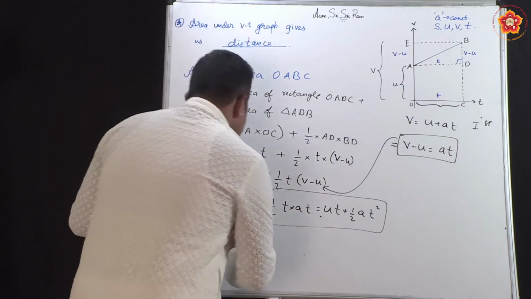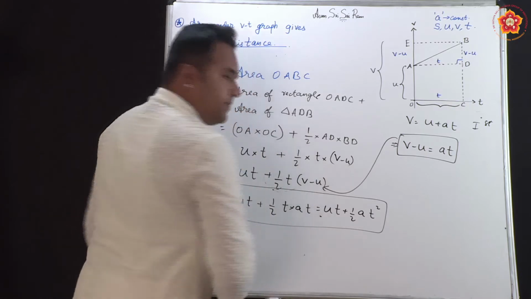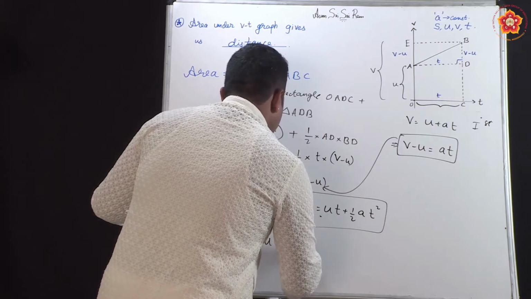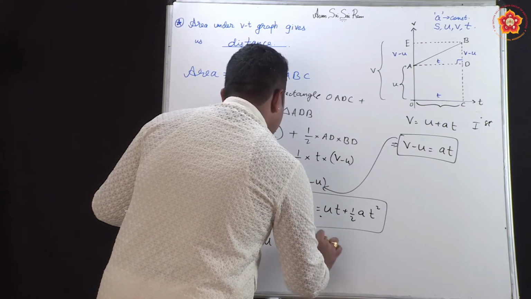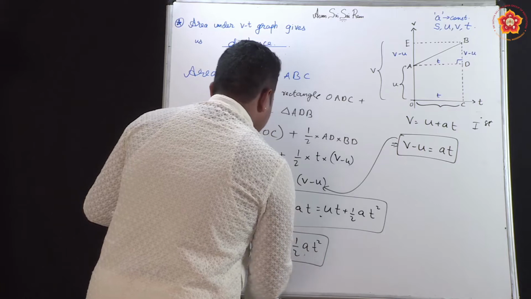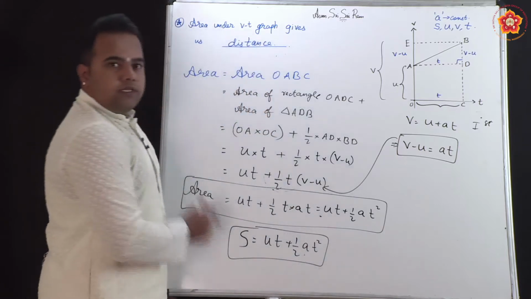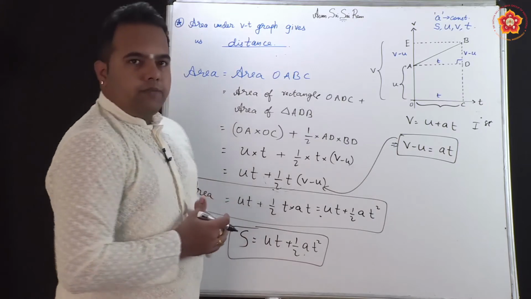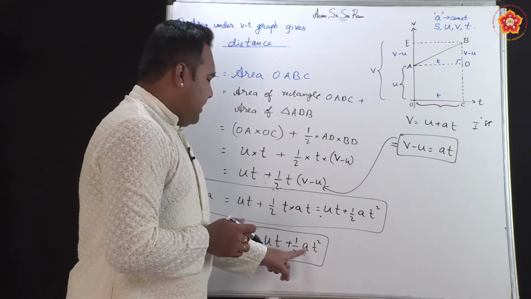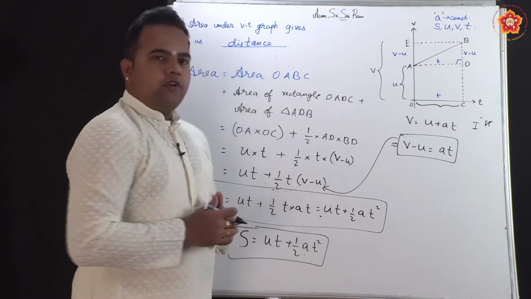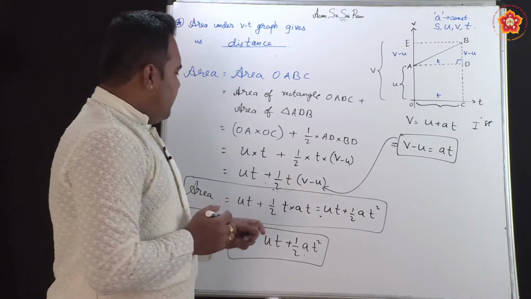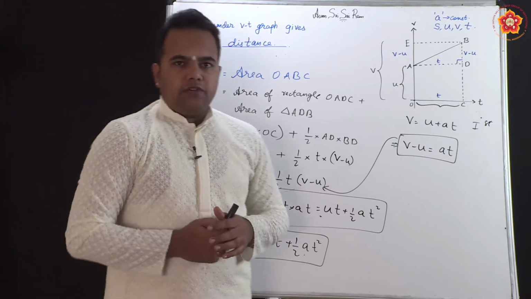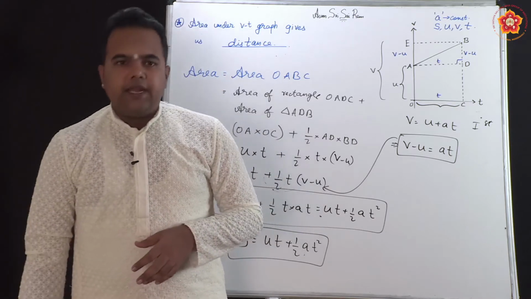Therefore, distance, which is denoted by S, is equal to ut plus half at square. This will be the expression for distance travelled by an object having acceleration a, time t and initial velocity u. This completes our discussion on the second equation of motion. We have just derived the second equation of motion.